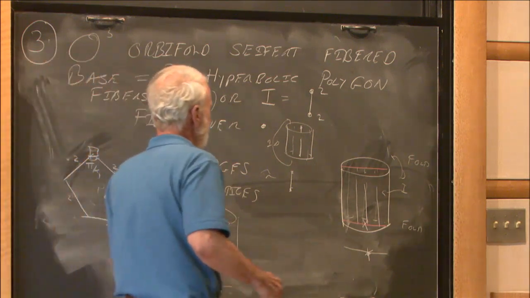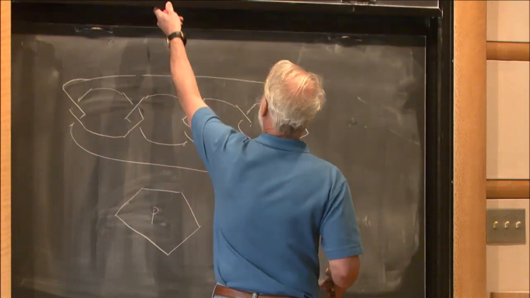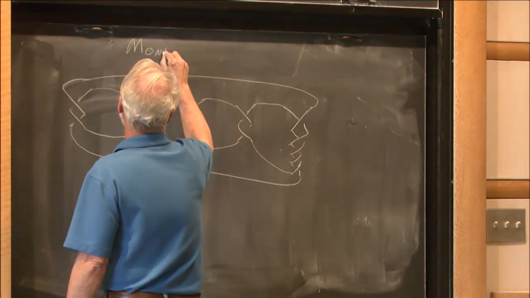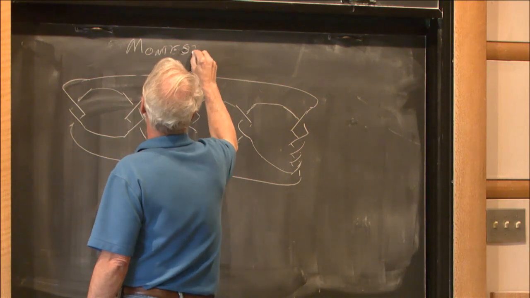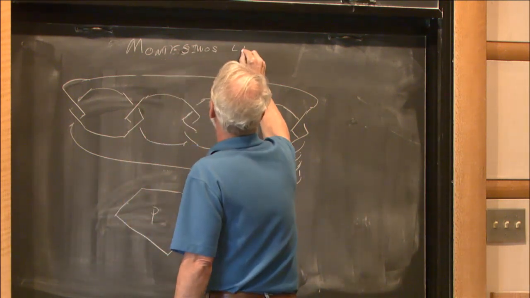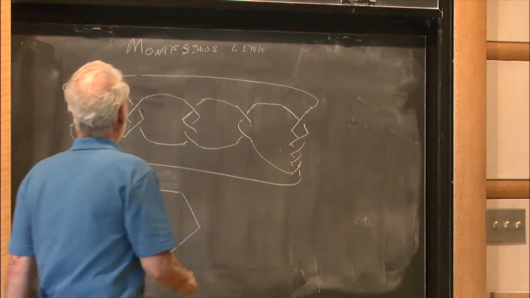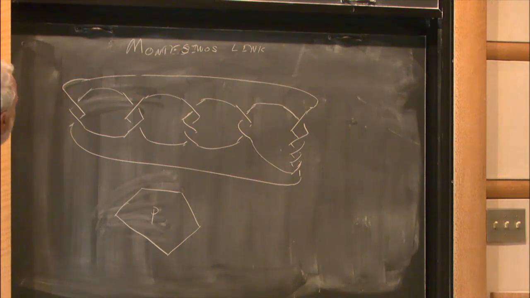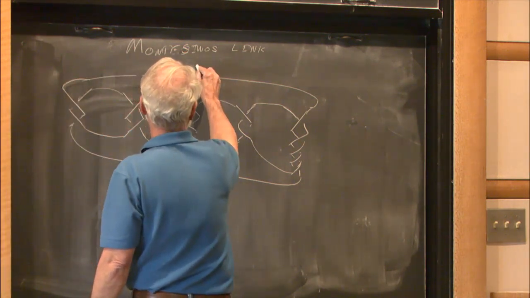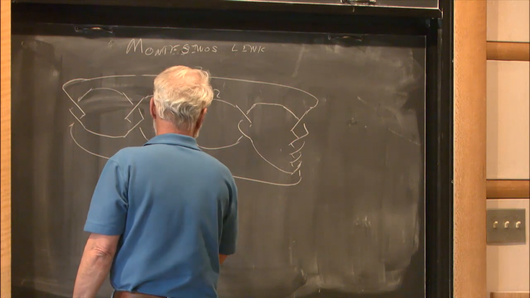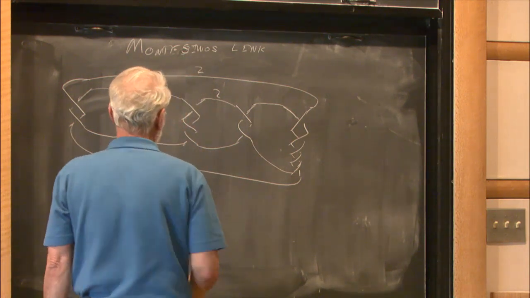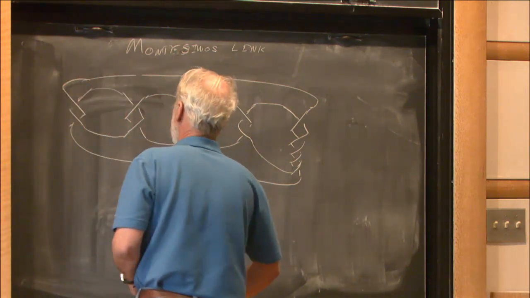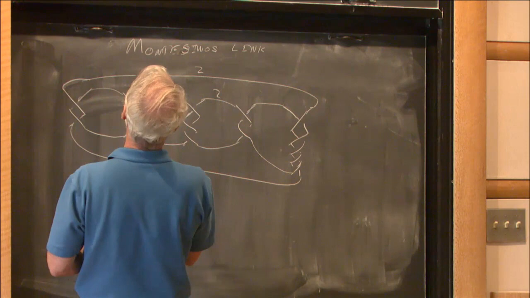So here's a concrete example. This is a Montesinos link. And then the link itself, the so-called horizontal pieces here, they all have 2s on them, so they project down onto the edges. And then you throw in a singular piece. Doesn't really matter where you put it, but what color was it?